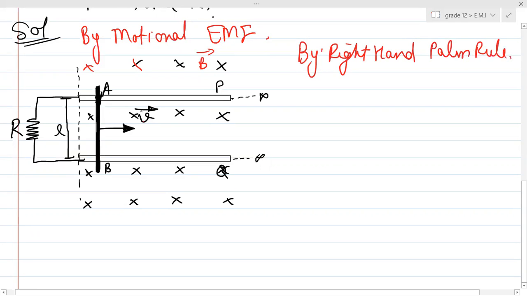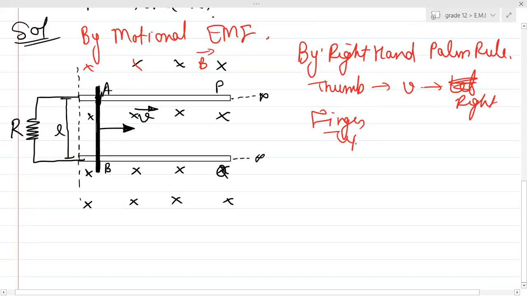Will A be bigger or will B be bigger? Thumb in the direction towards A, with the magnetic field into the plane at the fingertips. So from here you will see your palm will face towards A.